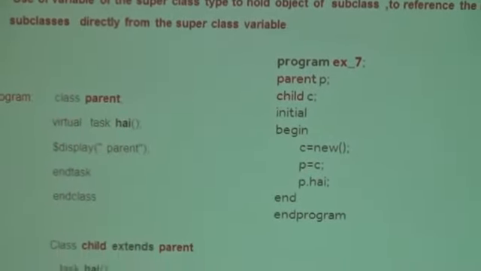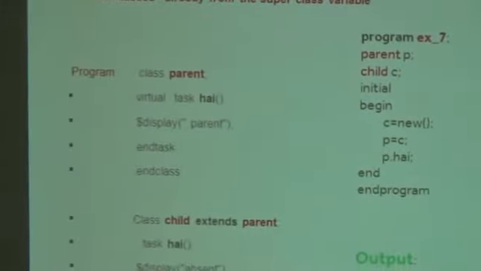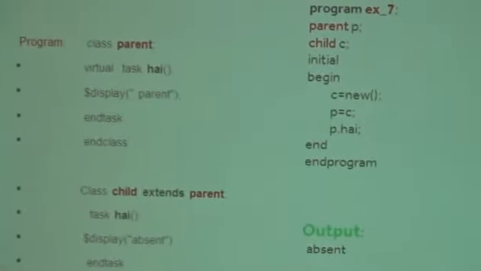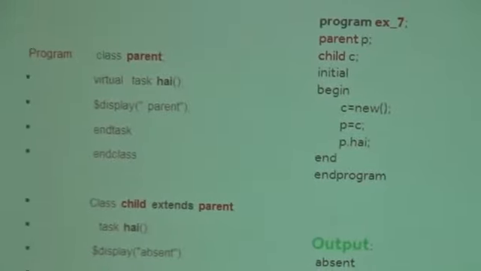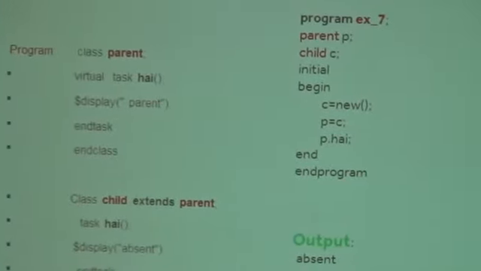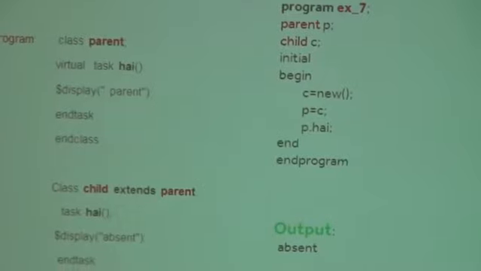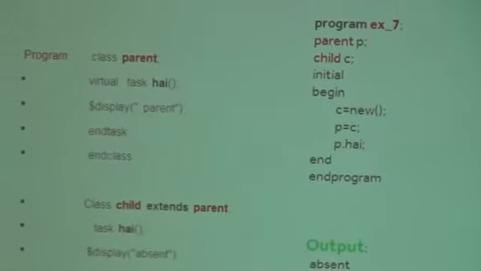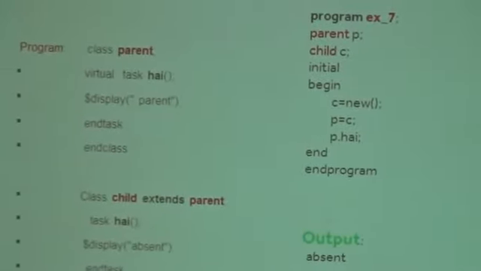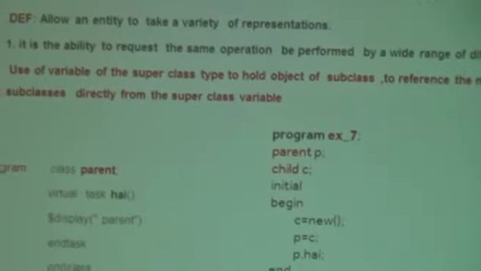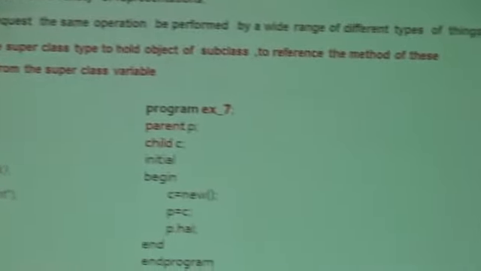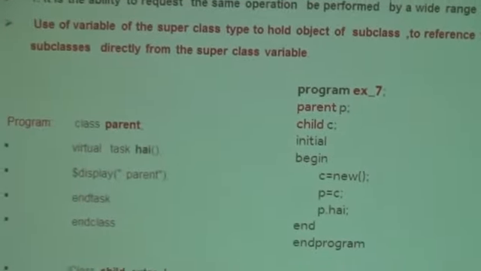For example, in this program, I have written p.high. Since P represents the parent class variable, even though I have declared p.high, it is not invoking my parent class task high, and it is invoking the child class task high. That means using the variable of the superclass to hold the object of the subclass to reference the methods of the subclass directly from a superclass variable.